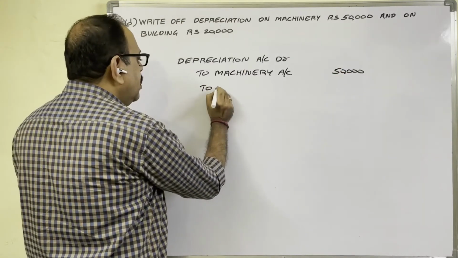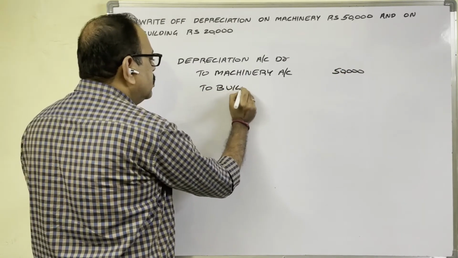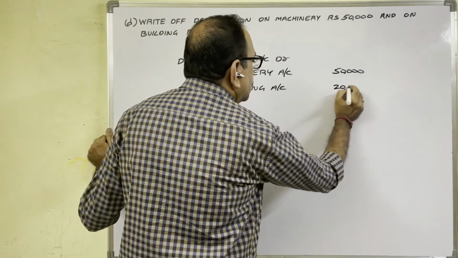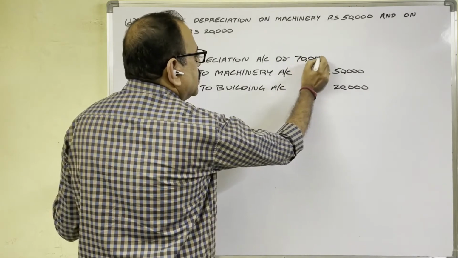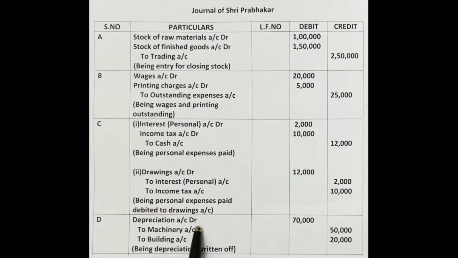We should credit buildings account with 20,000 rupees. So total depreciation 70,000 rupees. D. Depreciation account debtor to machinery account to buildings account. Machinery 50,000, buildings 20,000, total in debit column 70,000 rupees. Narration, being depreciation written off.